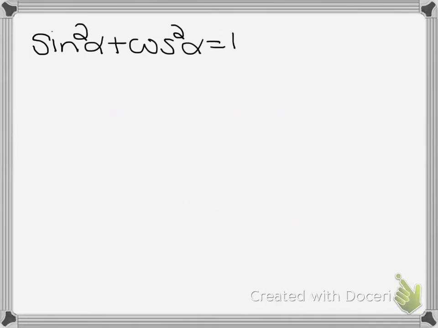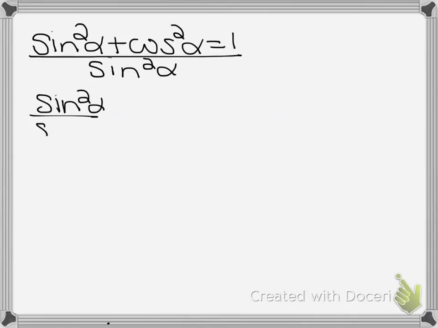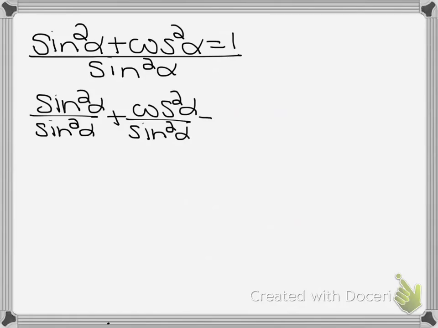Keeping with this same idea of taking sine squared plus cosine squared equals 1 and dividing everything through by sine squared leaves us now with sine squared over sine squared plus cosine squared over sine squared, and that is 1 over sine squared.